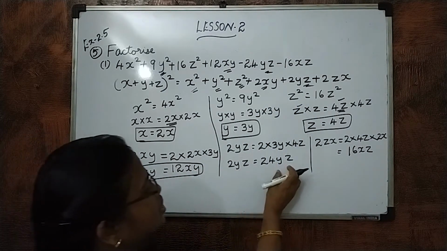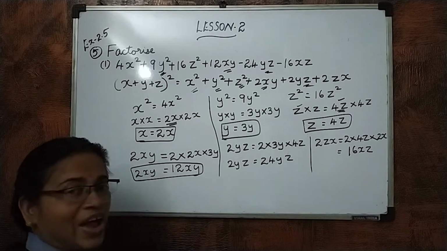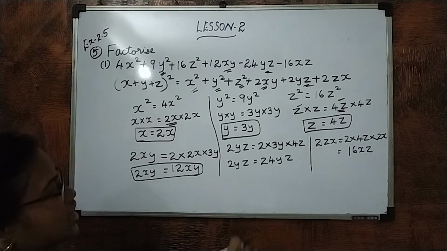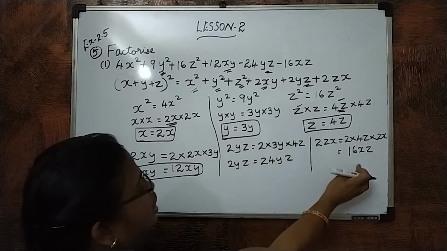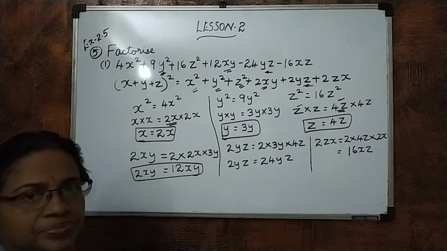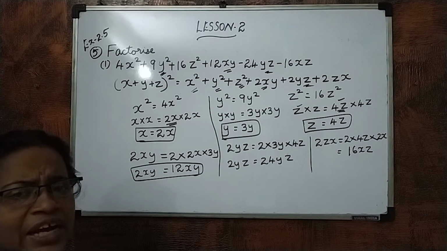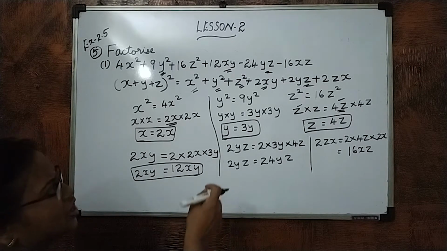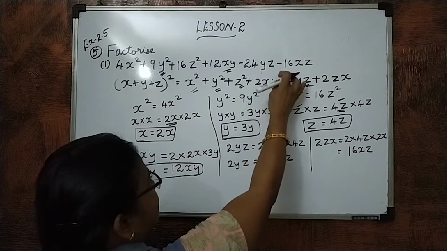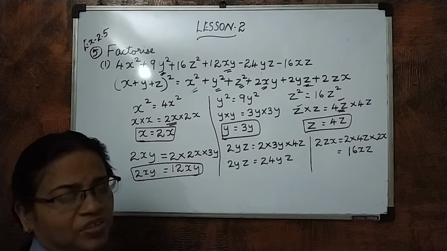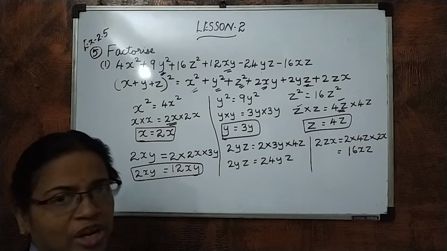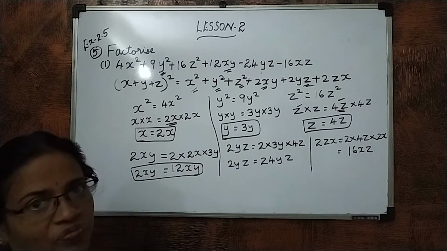Other than that, all the numbers and all the factors are the same. 24y you got, 16x you got. But the thing is that a negative sign is there. Why is it negative? Just find out which factor is common for both of them. Which variable is common for both of them?